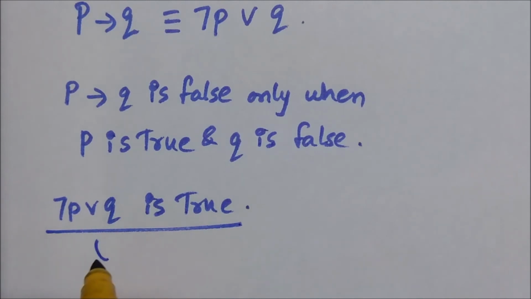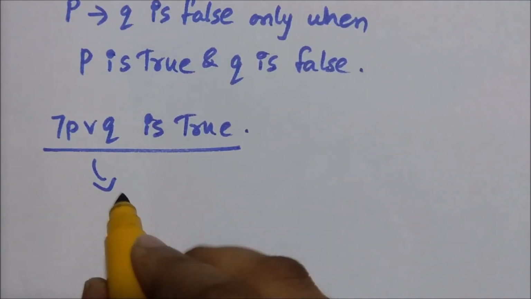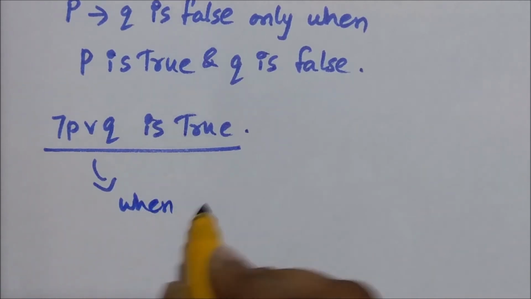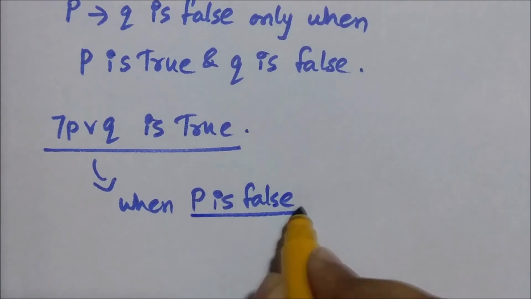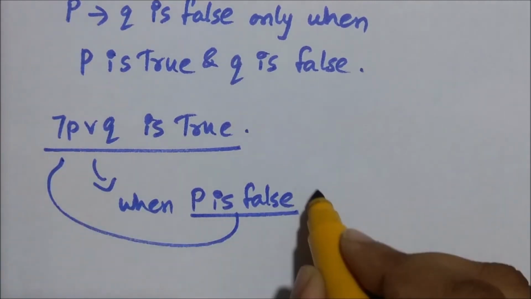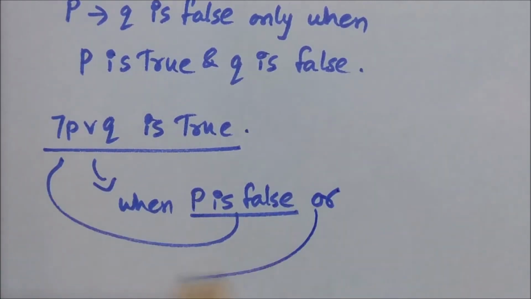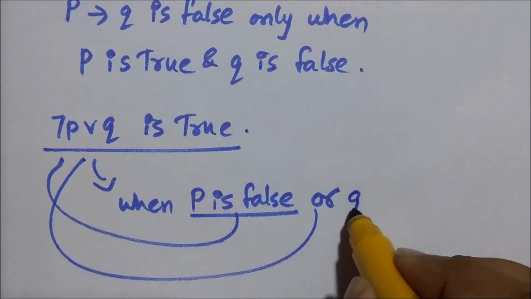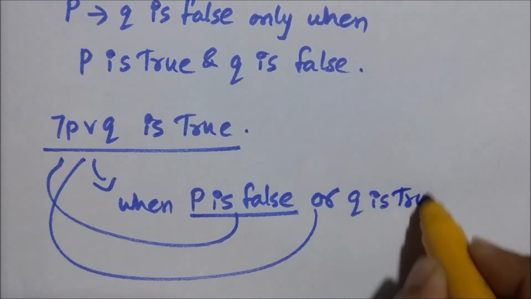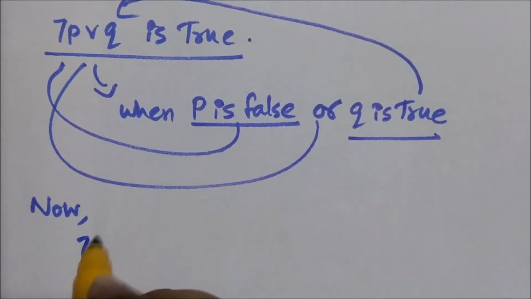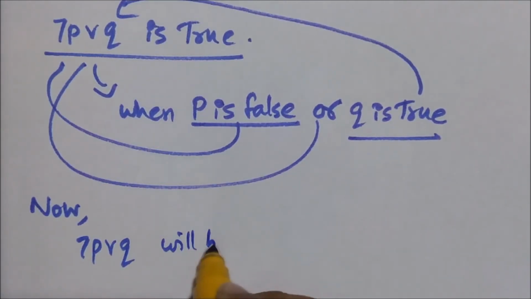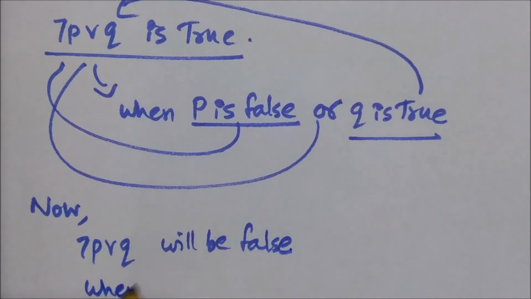Now let's see not P or Q. Not P or Q says that P is false or Q is true, right? So not P or Q is going to be true when P is false or Q is true, and it is going to be false when P is true and Q is false.